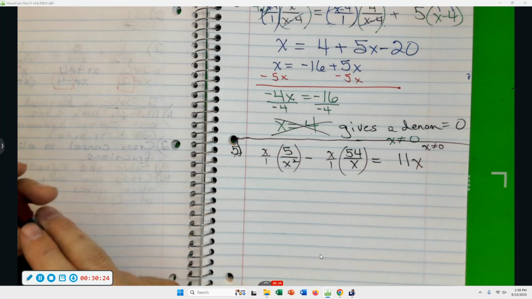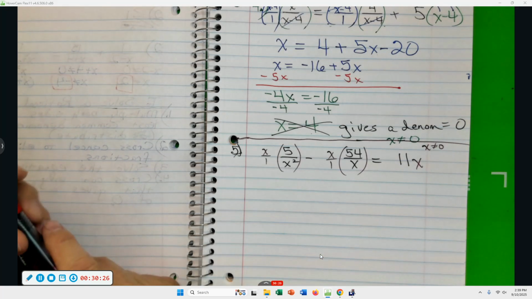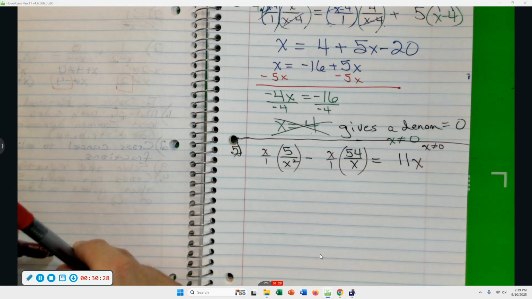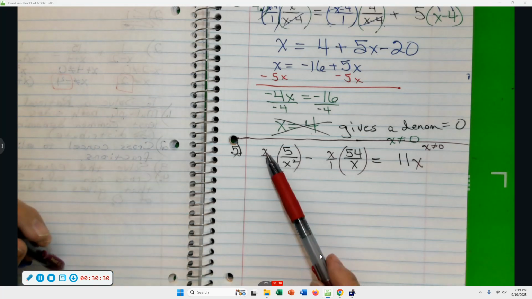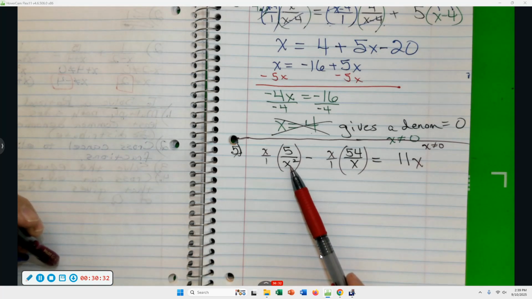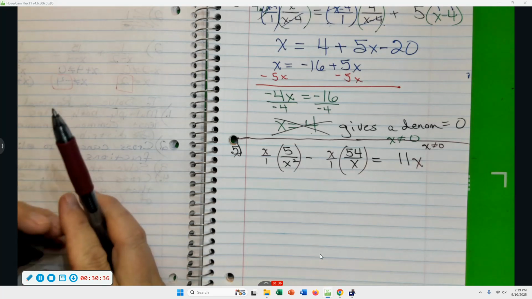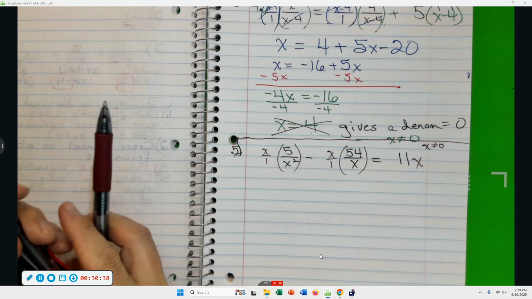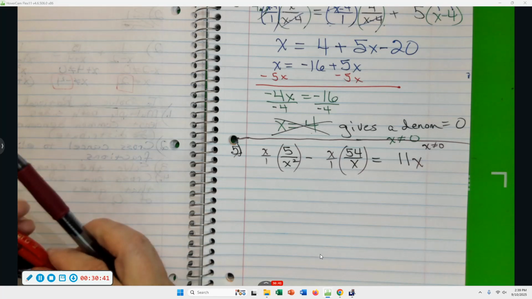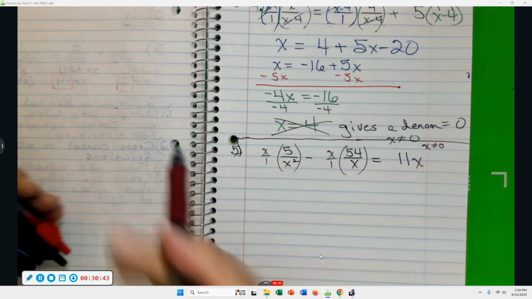With that in mind, what should we have multiplied through by? You want every denominator to cancel, and if you just use x to the first, you're still going to be stuck with an x down there. So, suggestions, what should we use as our common denominator? Not x, but x squared. Good.